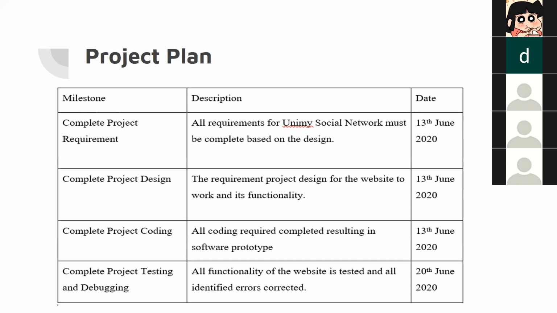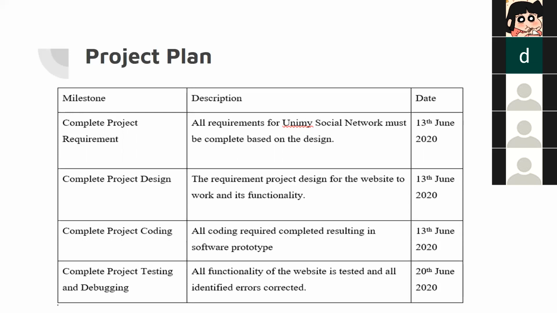And next, we move to the project plan. In our project plan, the first milestone is to complete the project requirements. For example, all requirements for the UniMy social network must be completed based on the design before 13 June 2020. After that, complete the project design, the requirements for the website to work and its functionality, also on 13 June 2020.